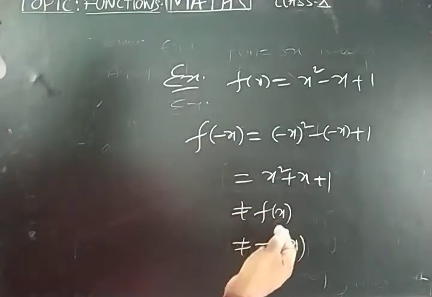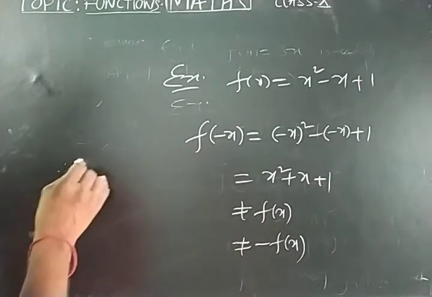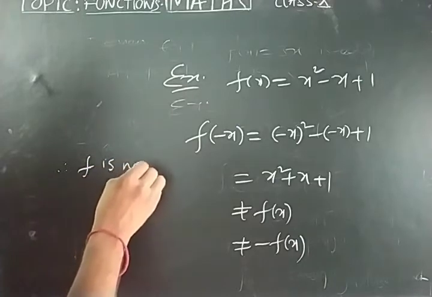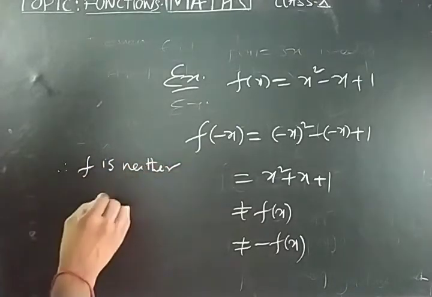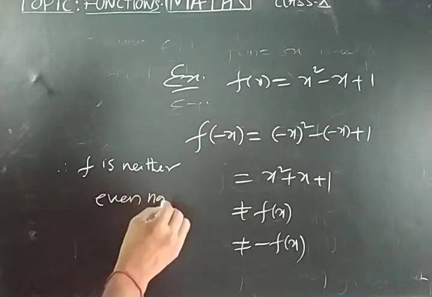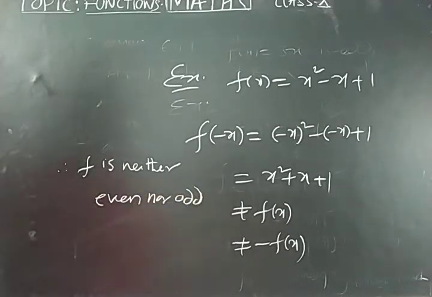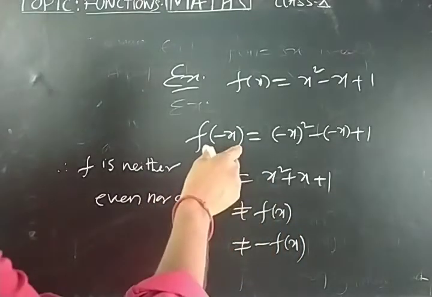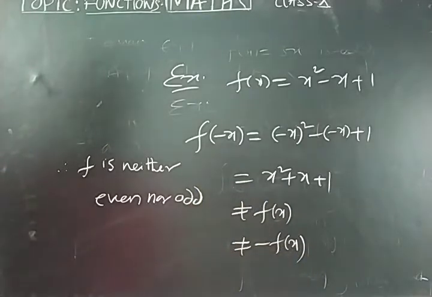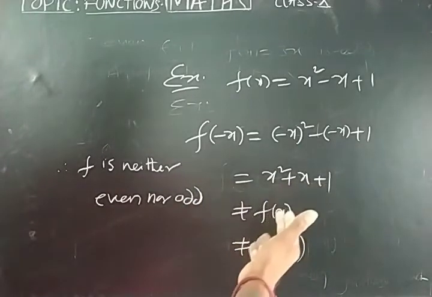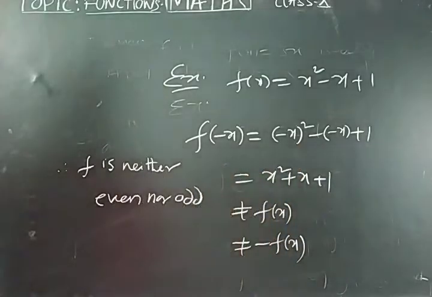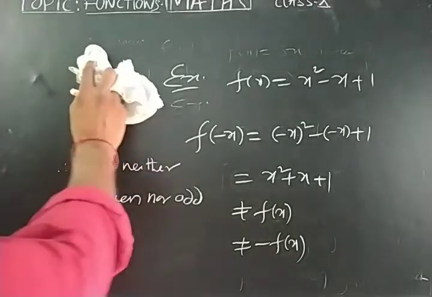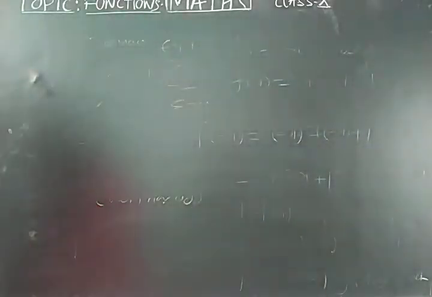Clearly we can say that f is neither even nor odd. So some functions also exist which are neither even nor odd. If you get f of minus x equal to f of x, you can say even. If you get f of minus x equal to minus f of x, you can say it is odd. But this is not f of x, not minus f of x. So that function is neither even nor odd. Okay, right. These are the examples for even and odd functions.